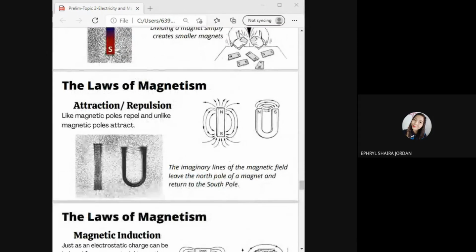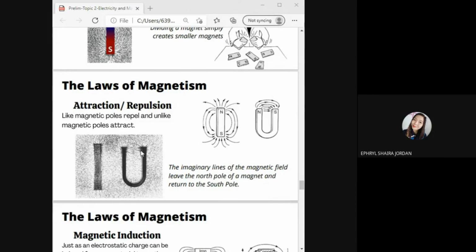So yun siya. The second law of magnetism is attraction or repulsion. So, like magnetic poles repel, and unlike magnetic poles attract. So, in addition, by convention, the imaginary lines of the magnet's magnetic field leave the north pole of the magnet and return to the south pole. So if you're going to wonder how do scientists know that these imaginary lines exist? Well, they can be demonstrated by the action of iron filings near a magnet.